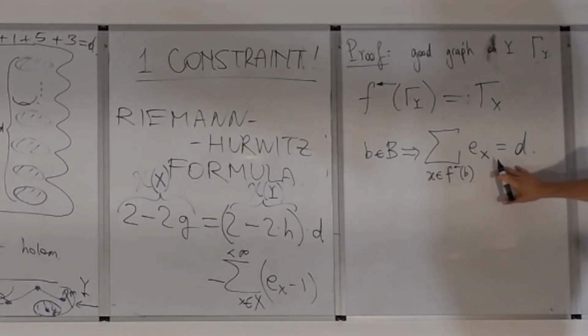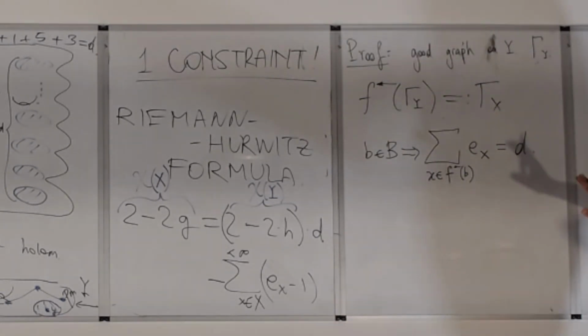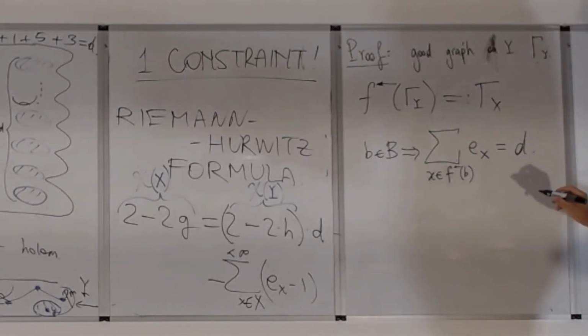If I take the sum of all the exponents, that's D. We're convinced about this. So now let me do the small algebraic manipulation.